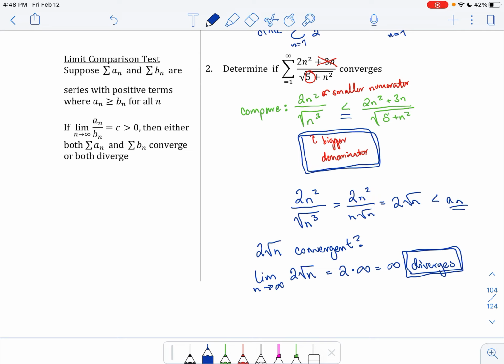If you're interested in examples of those, please get in touch with me. Otherwise, I find it's more straightforward and faster, especially because the AP is a timed test, faster for the few times this problem comes up. Just ask yourself, what's this most similar to? Does it look like a geometric? Does it look like a p-series? Does it look like one of the integral ones that I recognize, such as tan inverse, which is a really common one?